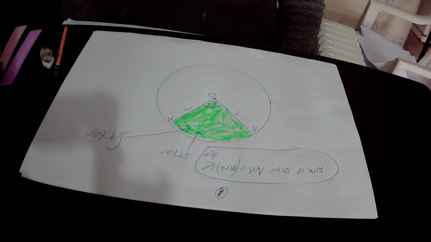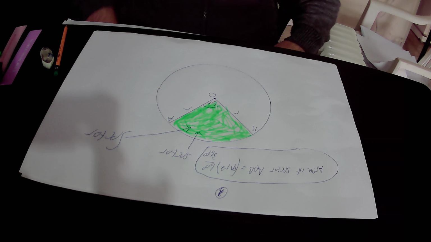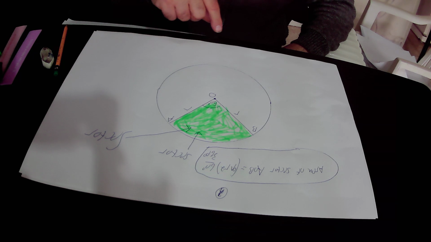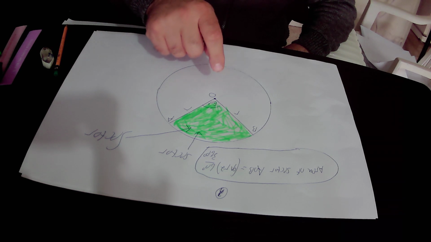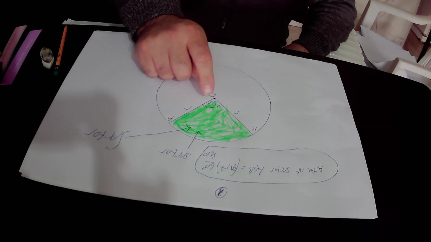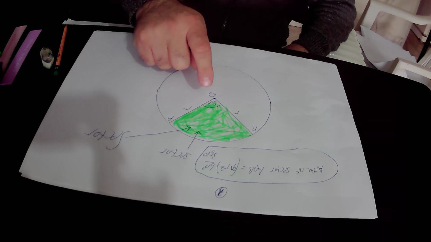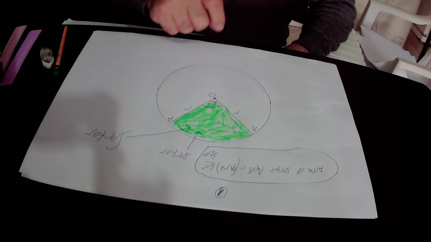And the formula for finding out the area of this green sector is pi r square, where r is the radius of the circle, pi r square times the angle between the two radiuses divided by 360 degrees.